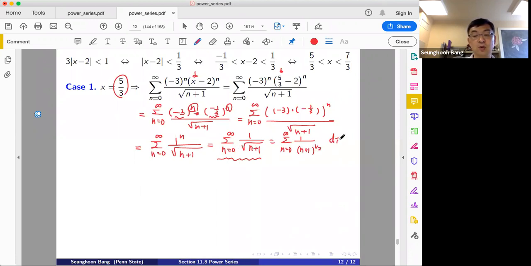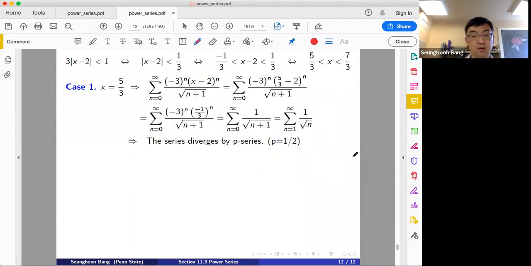This is divergent, because p equals 1/2. The p is 1/2, and with the p-series, when the power is 1/2, less than or equal to 1, it is always divergent.